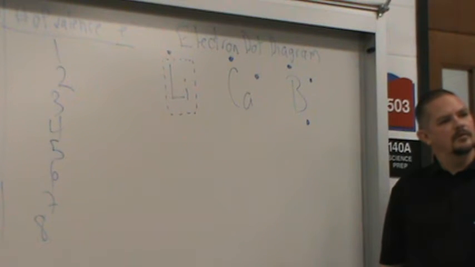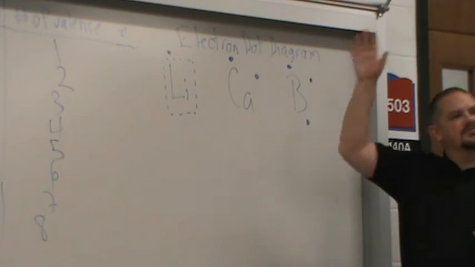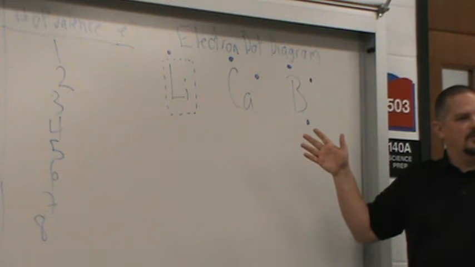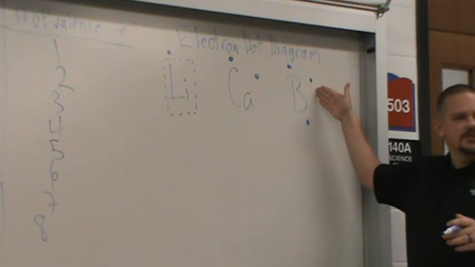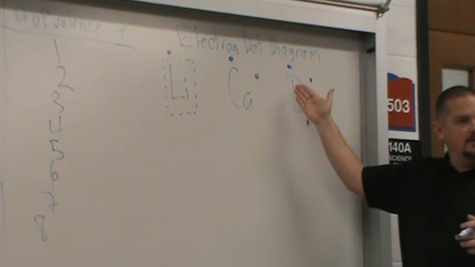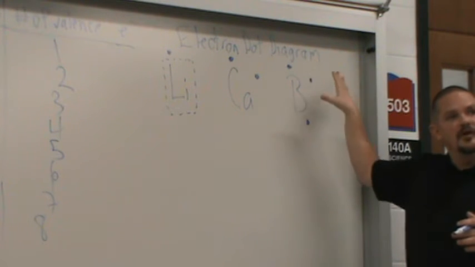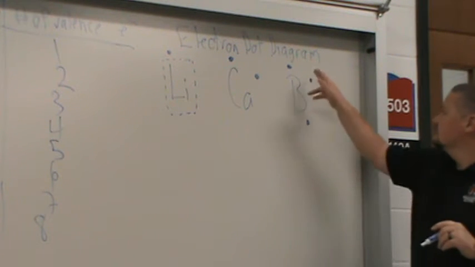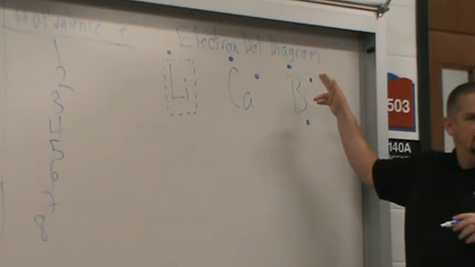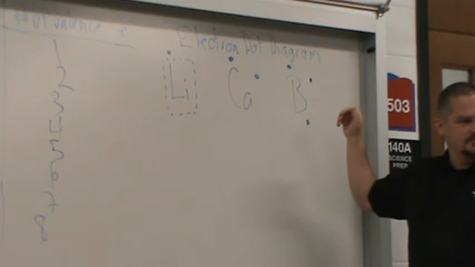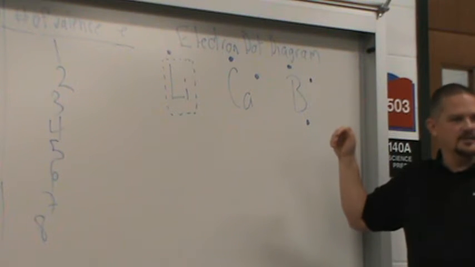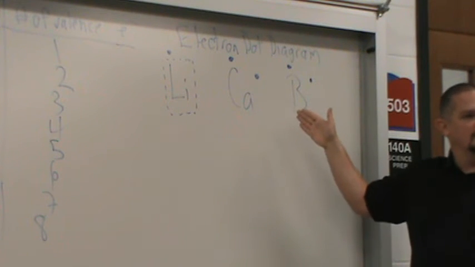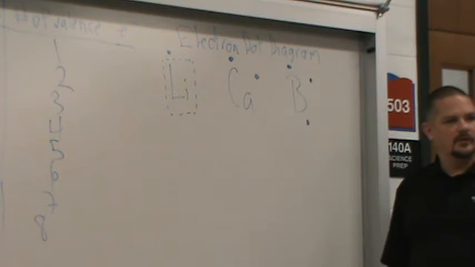Do I have to put my dots how I put them last time? For me, I always start at the top. But if you want to start on this side and work your way around, that's fine. You just need to have one dot on each side. I just start on the left because, like I said, with my OCD, I just start on the left-hand side.